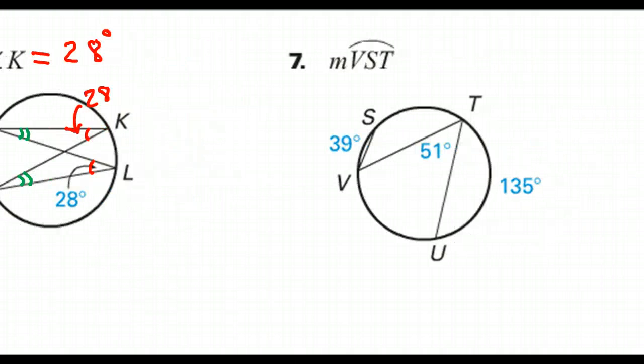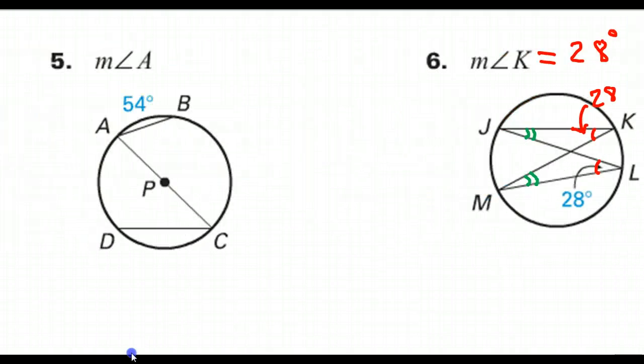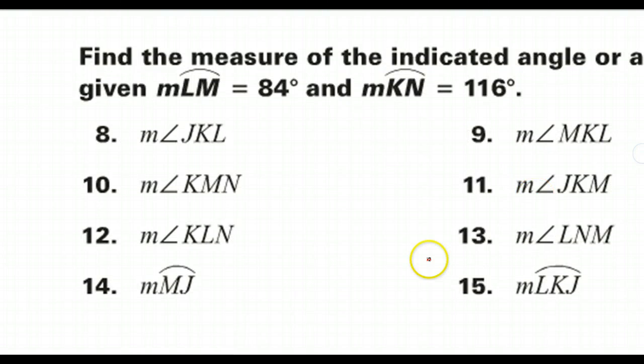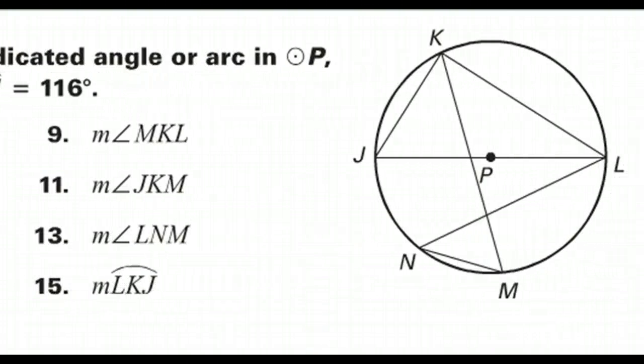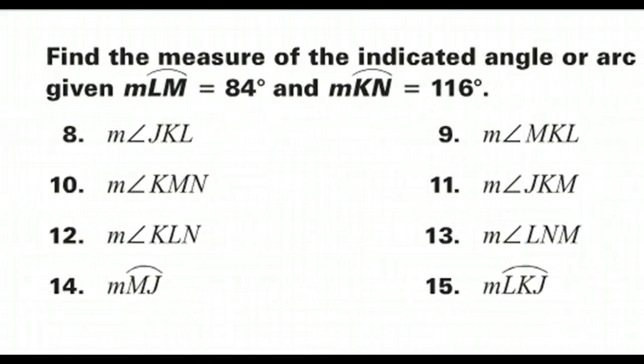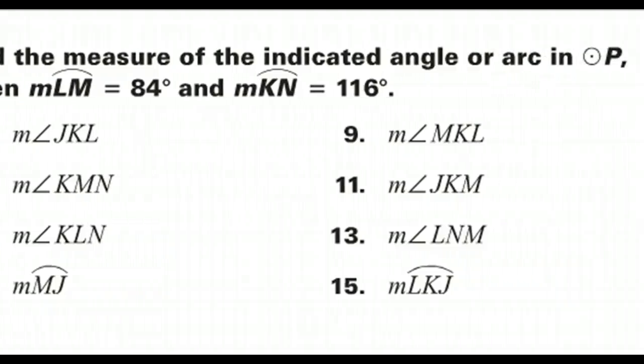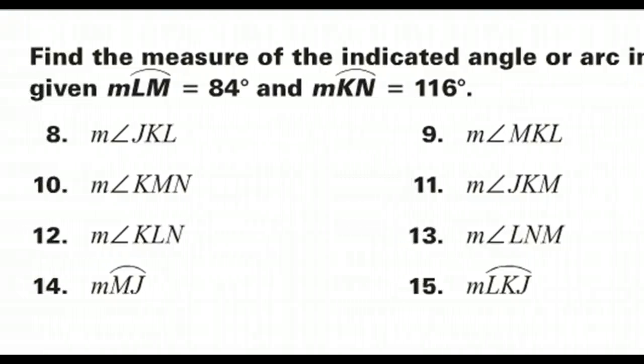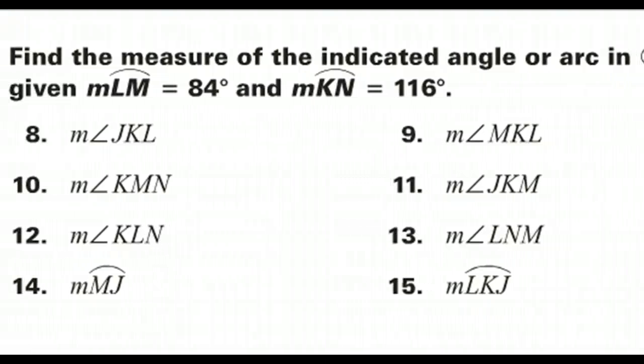Moving on. Let's find number 8. Oh, okay. So this one is going to start to use this picture over here, so I might have to zoom out. Find the measure of the indicated arc or angle given that arc LM is 84 degrees.